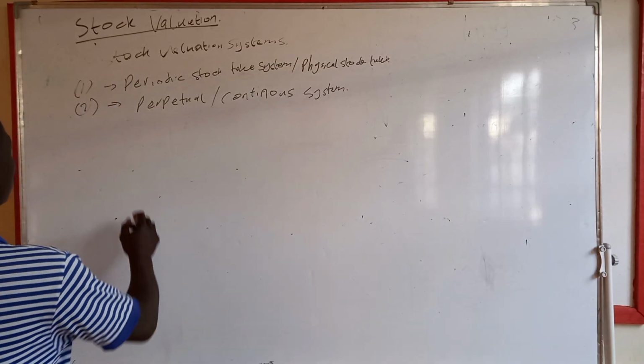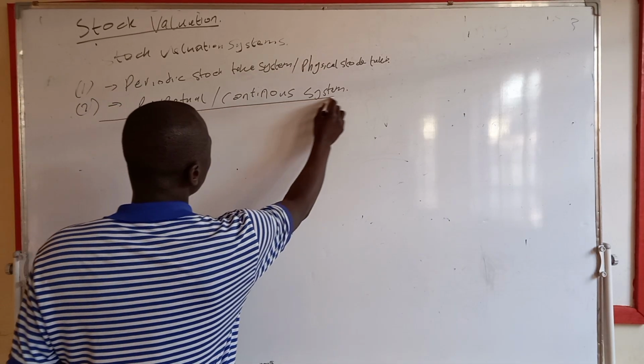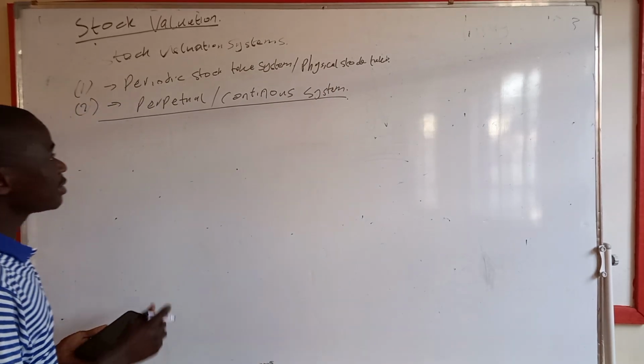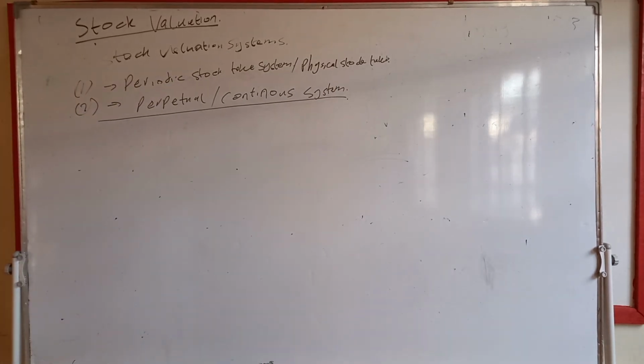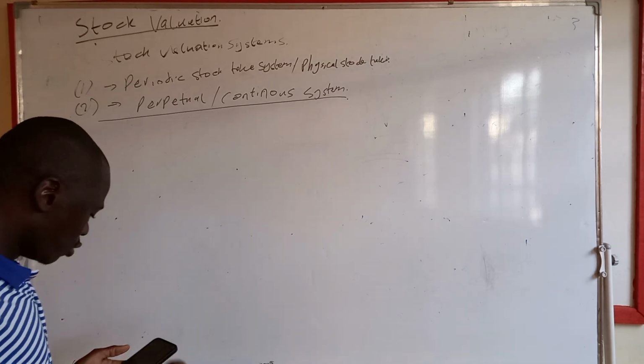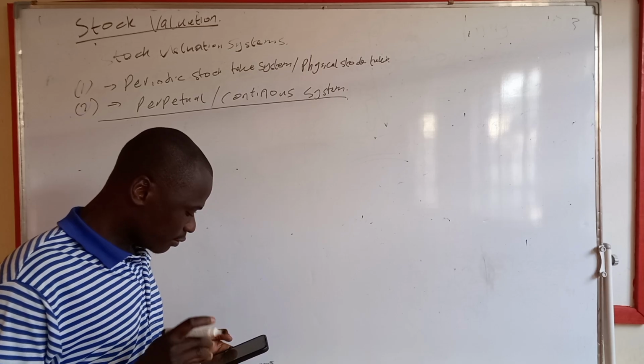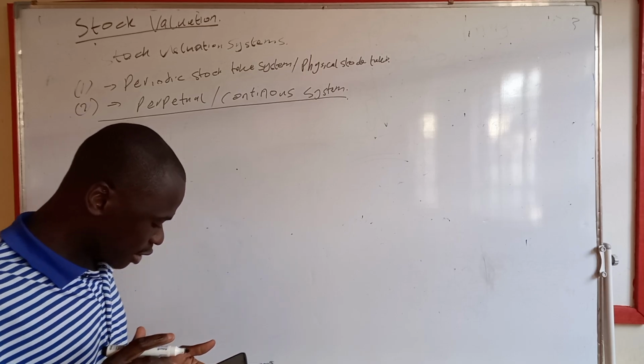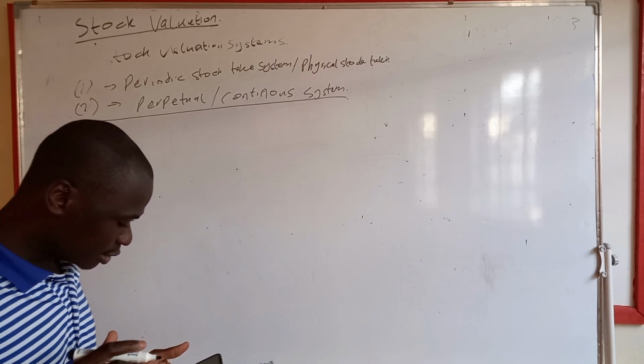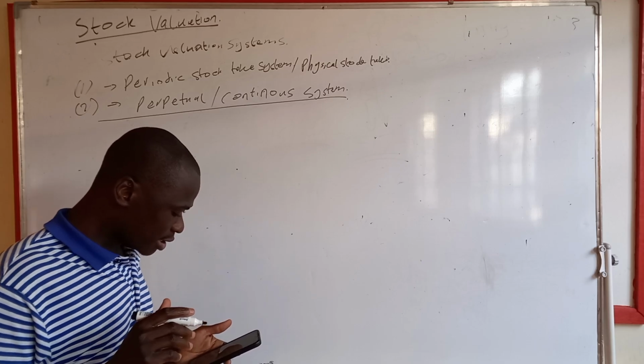Now, today we want to specifically look at this system, the perpetual continuous system, in detail. It is a system where stock records are maintained per transaction.